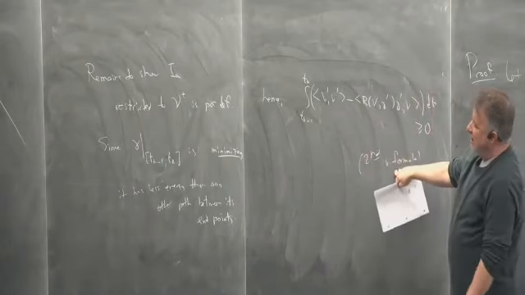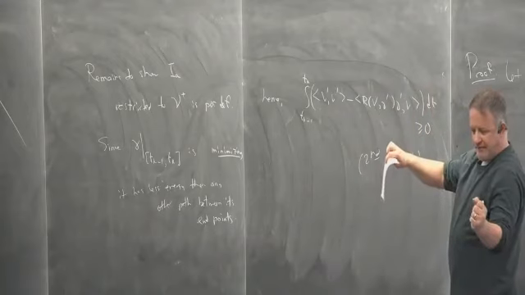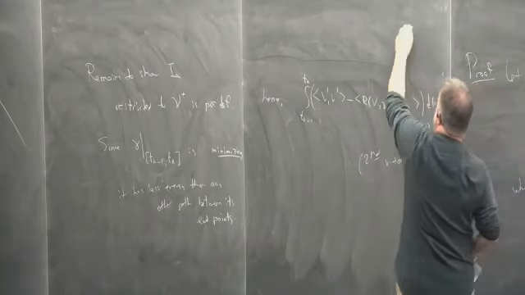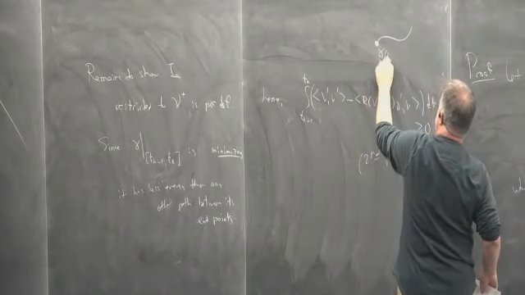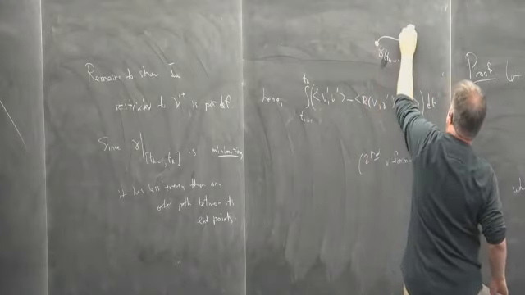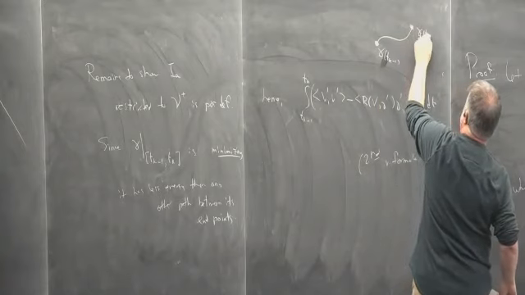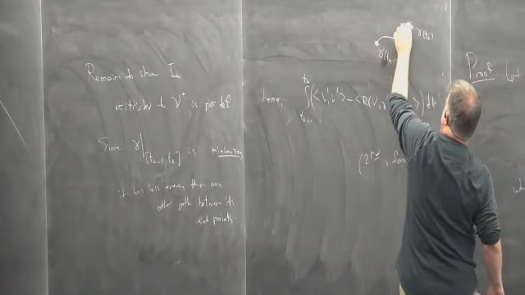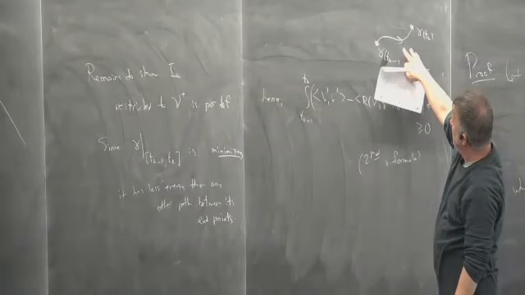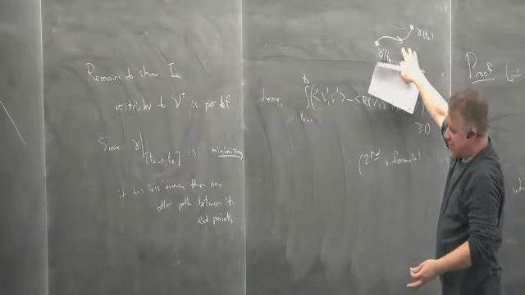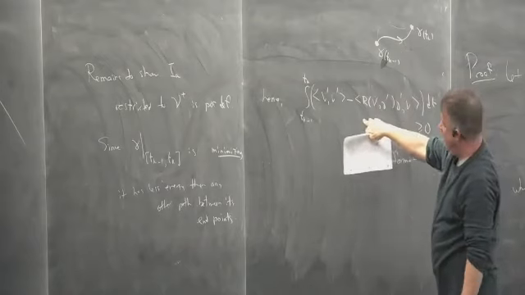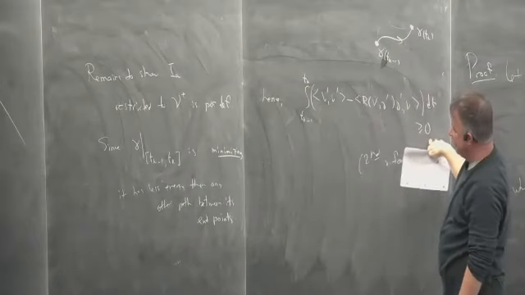If I look at another curve, here's gamma from gamma of t_{k-1} to gamma of t_k. This is minimizing. So if I do a proper variation, the energy can only increase. So this is a local min, and therefore the second derivative is non-negative.